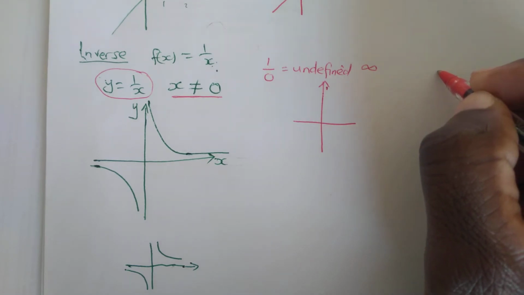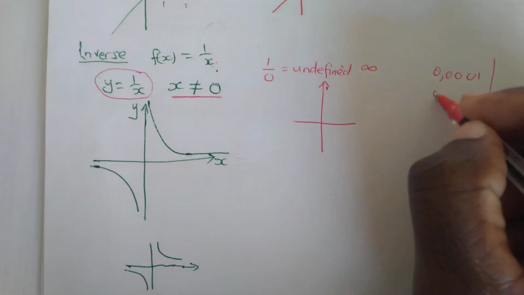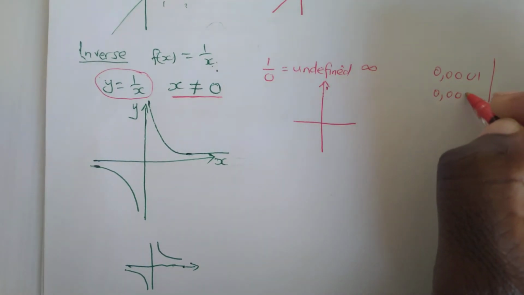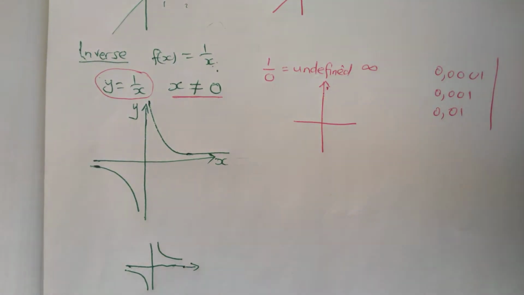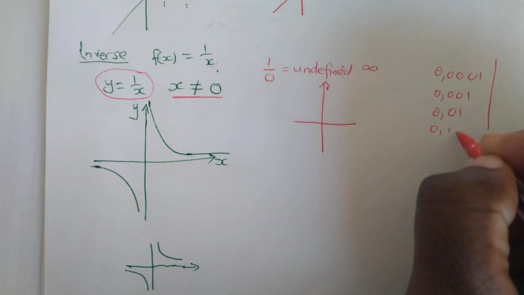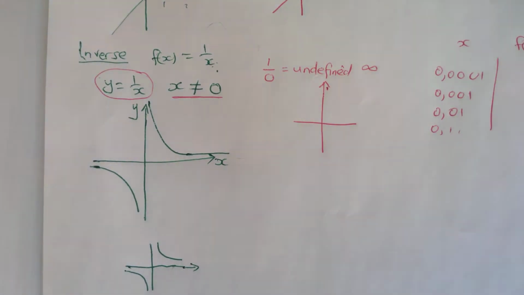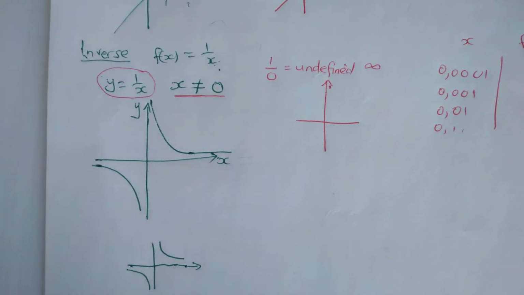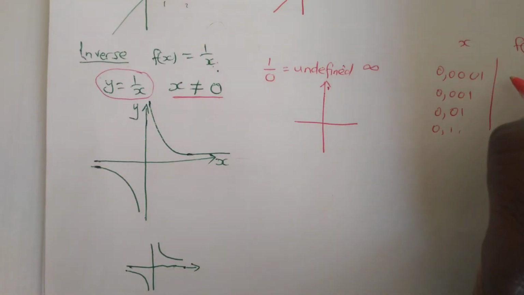Let's start with values of x like 0.1, 0.01, 0.001, and so on. So this is x, this is f of x.